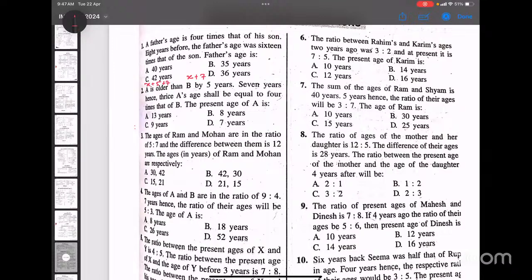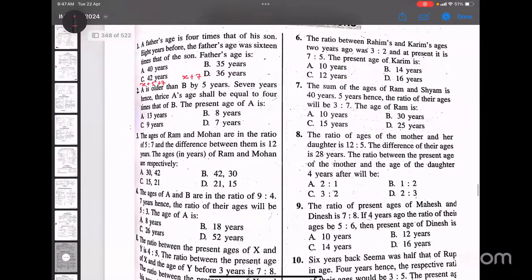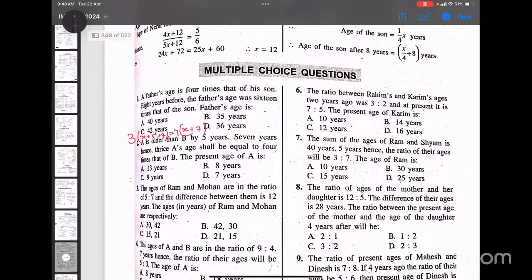And according to the question, after 7 years, thrice the age of A will be equal to 4 times the age of B. So here we have 3 times (x plus 5 plus 7), means how much? 12? Yes, 12 into 3 will be 36.